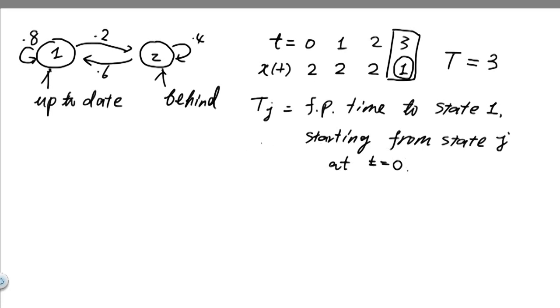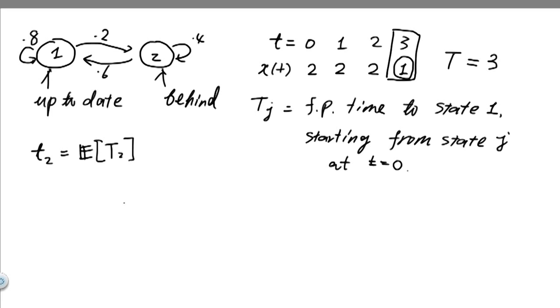Now, this quantity, of course, is random. Depending on realization, we have different numbers. And we are interested in calculating the expected value of T2. That is, on average, if we start from state 2 here, how long would it take for us to enter state 1?